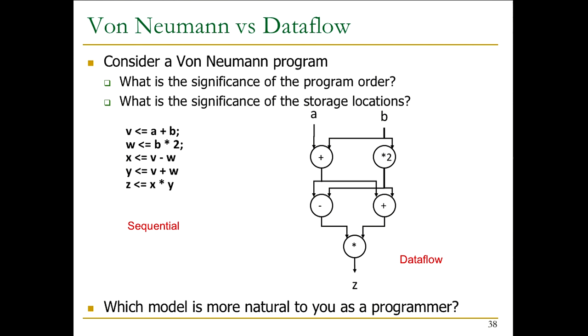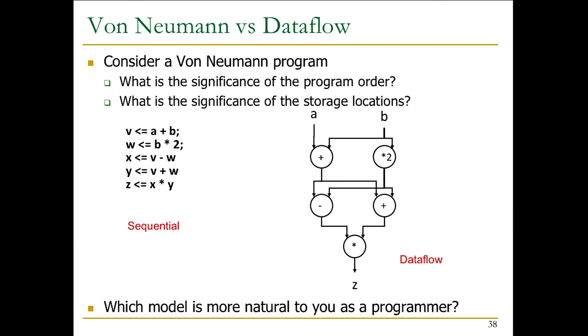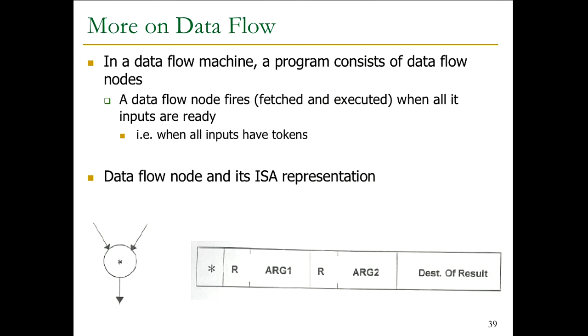You could also have multiple destinations, depending on the ISA that you design, or you need a copy node that copies the result to multiple different locations. Make sense? So you can encode this graphical program as a set of instructions that are connected together. That's the ISA level.